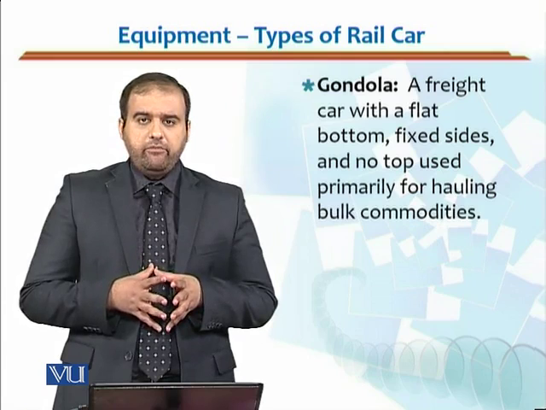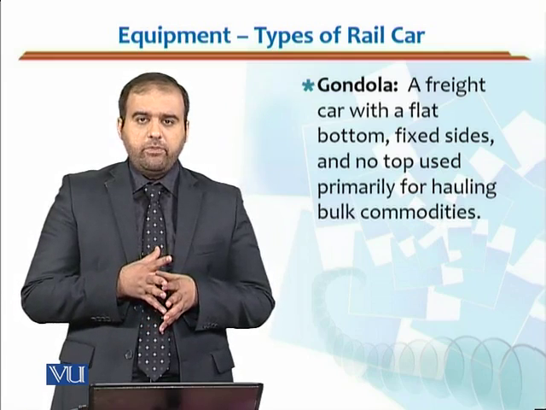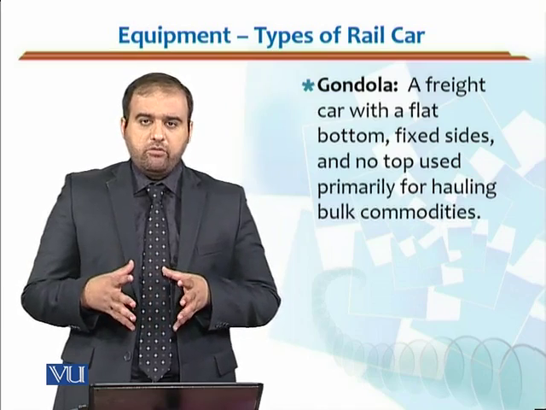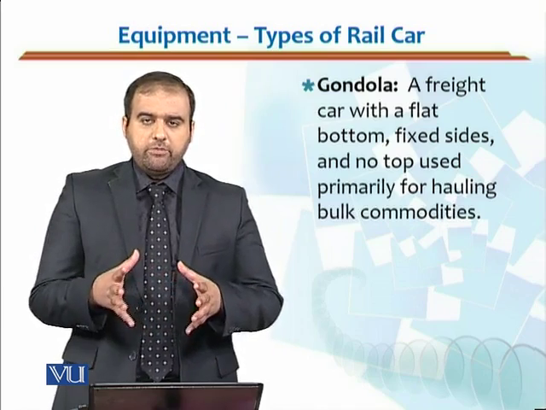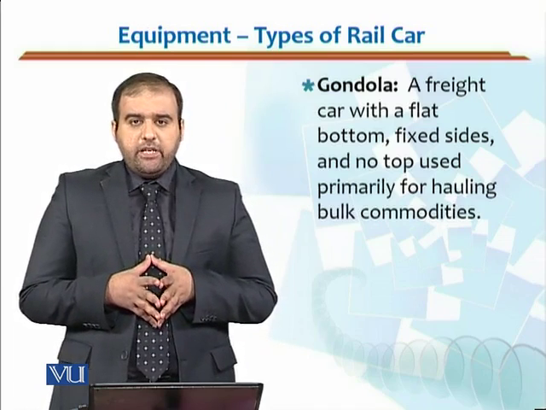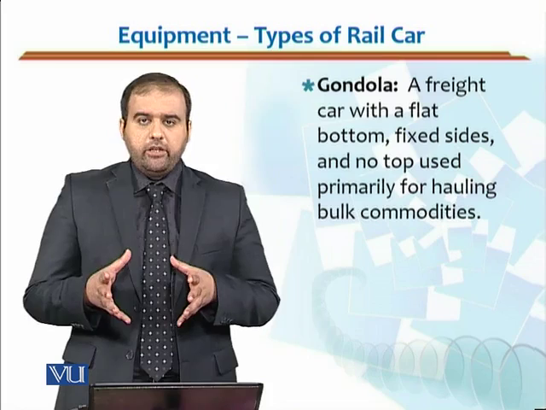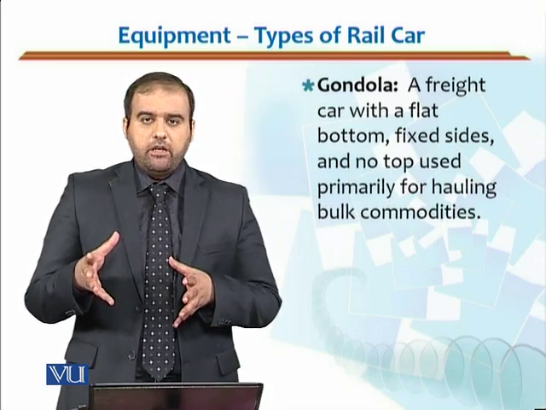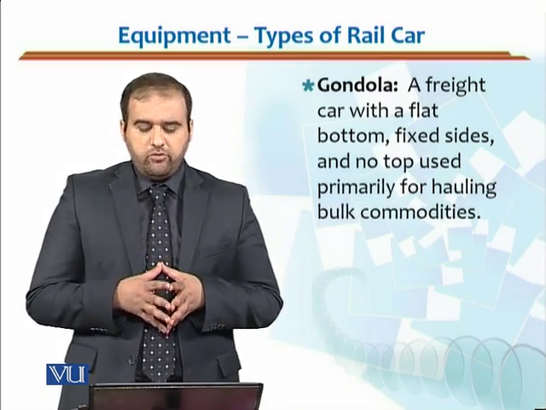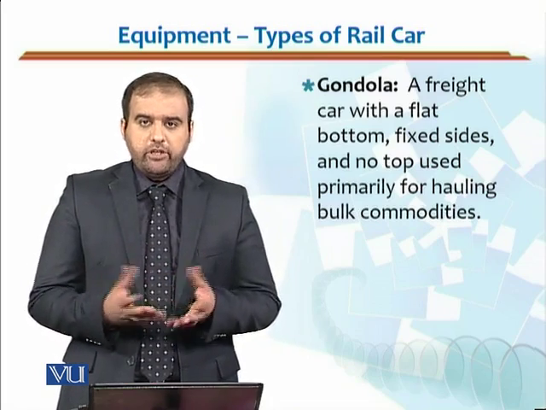The material handling way should be such that the bulk commodity comes from the top rather than from the sides, because you cannot put anything from the sides since the sides are fixed. So the flat bottom is there, the fixed sides are there. The only way to put the bulk commodity in is through the top, because there is no roof, so it's an uncovered car.